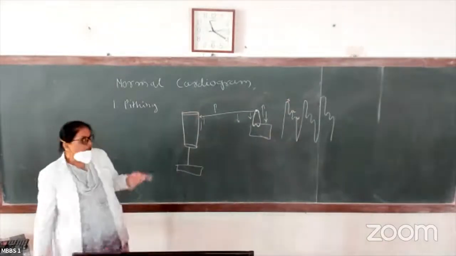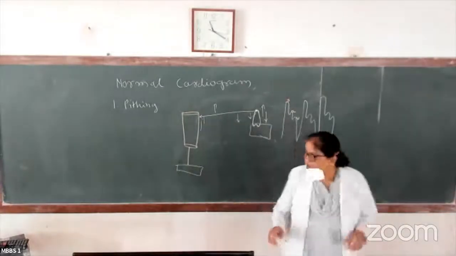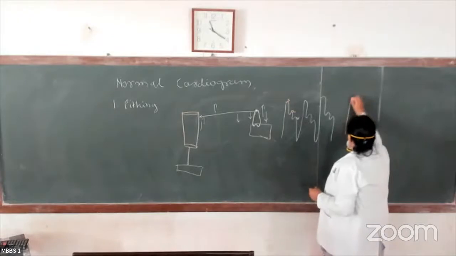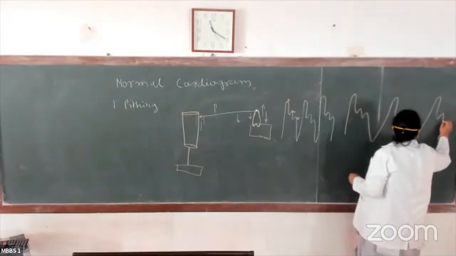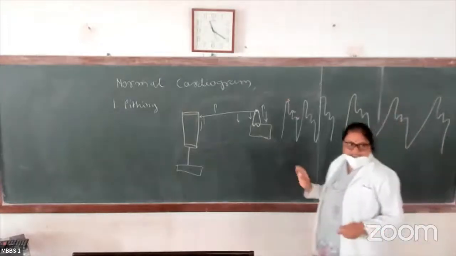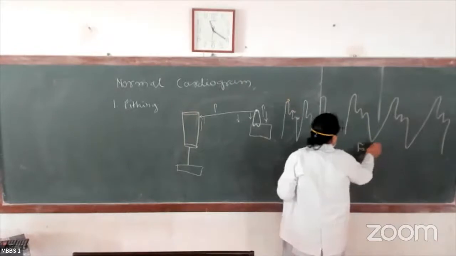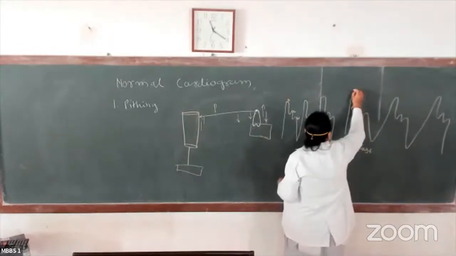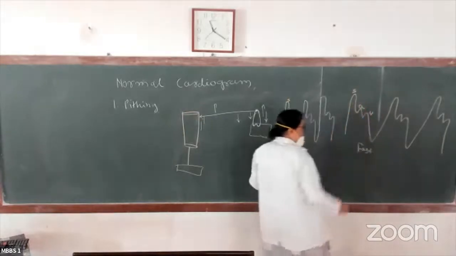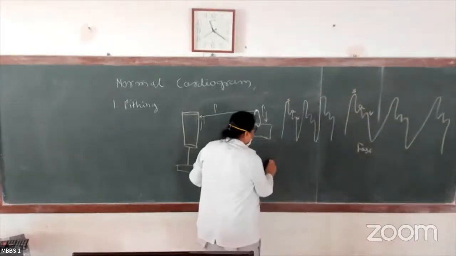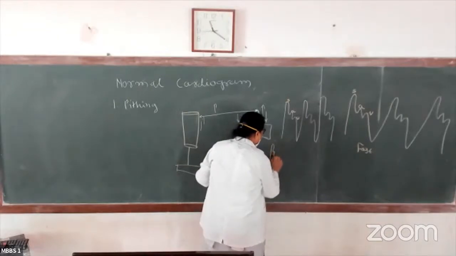If we record this graph at fast speed, the waves are spread. Like this. The waves are spread at fast speed, and we can visualize the waves. This is the sinus venosus, this is the atrial rhythm, and this is the ventricular rhythm. If we record this at slow speed, what happens because of the slow speed?